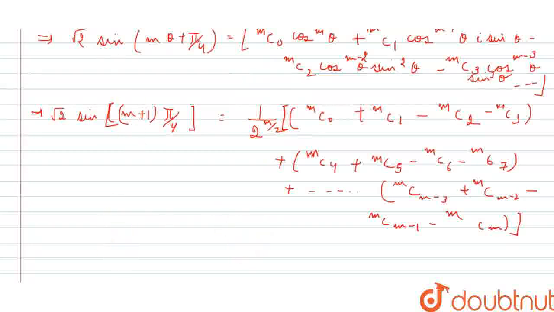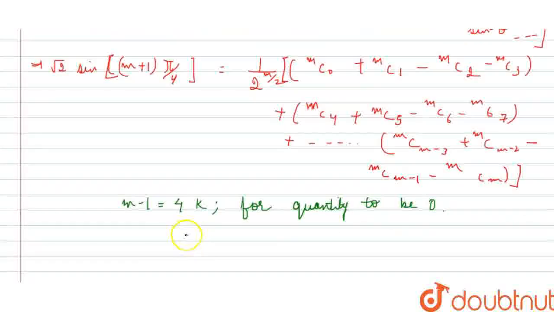Now we can say, hence, m plus 1 is equal to 4k for the given quantity to be 0. Therefore, what is the value of m? It is m plus 1 equal to 4k, so it is 4k minus 1, where k belongs to natural numbers.